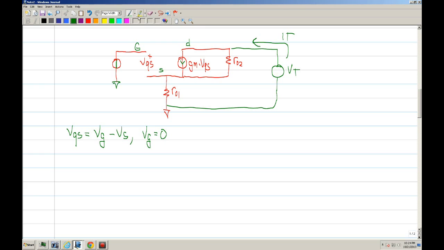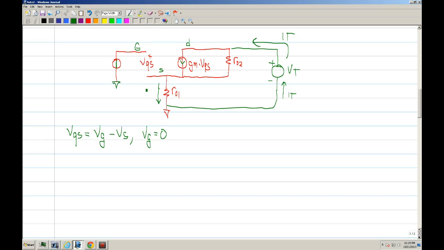Okay, and now please note you have current coming out of this test voltage. Okay, it's coming out, so that means that IT is coming in from that direction, and if it's coming in that direction, where is it coming from? Well, it's coming from here.